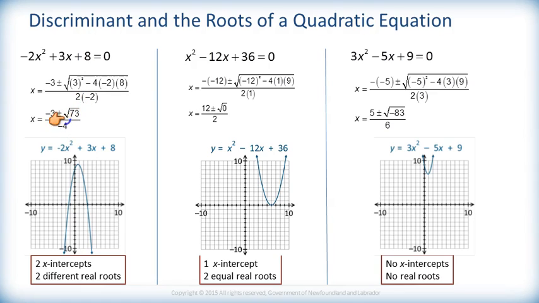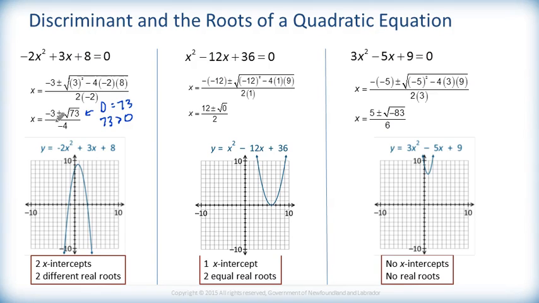Now, because that 73 is positive, I will have two different cases. So our discriminant is 73. That's the part that occurred under the root sign. It is positive. Because it is positive, the plus case will be different than the minus case.